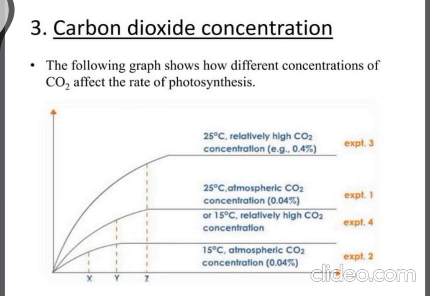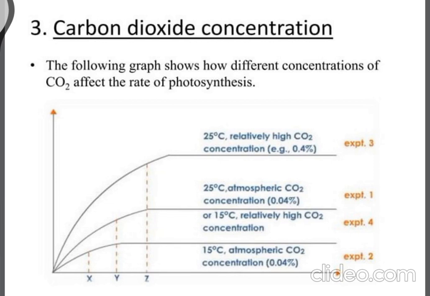Curves 1, 2, 3 and 4. In the first, 25 degrees Celsius, atmospheric carbon dioxide concentration 0.04%. Second, 15 degrees Celsius, atmospheric carbon dioxide concentration 0.04%.